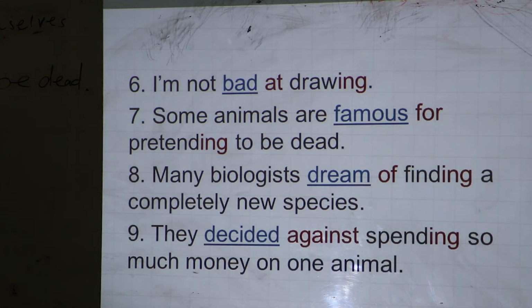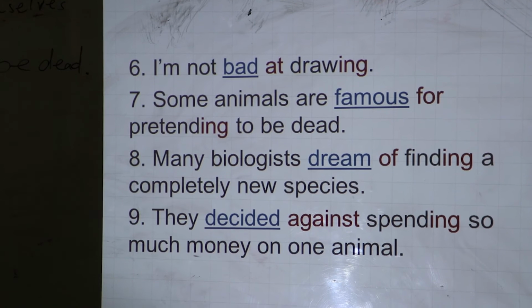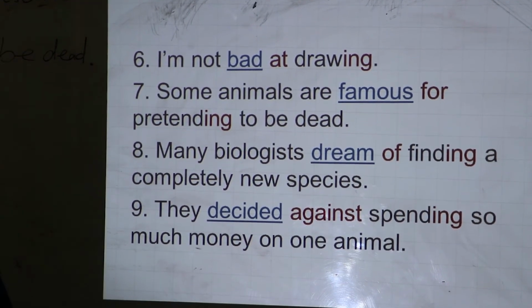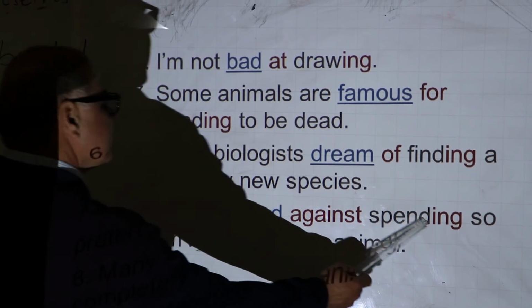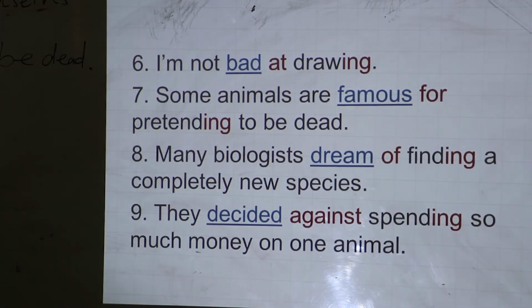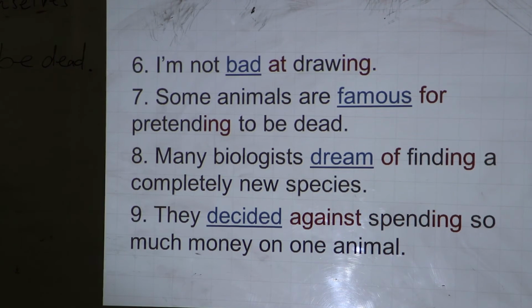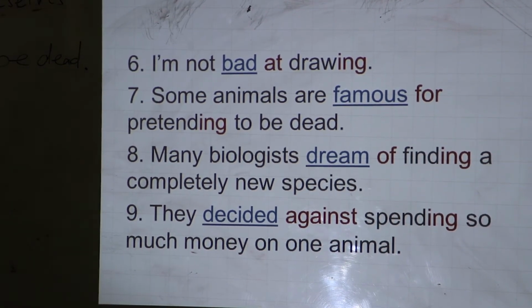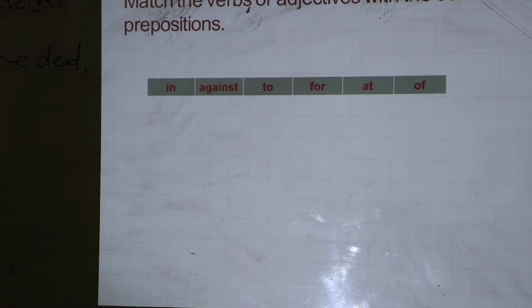And number nine, they decided against spending so much money on one animal. The verb is decided, and the preposition is against, the ing form spending. So, bad at, famous for, dream of, decide against, and so on.